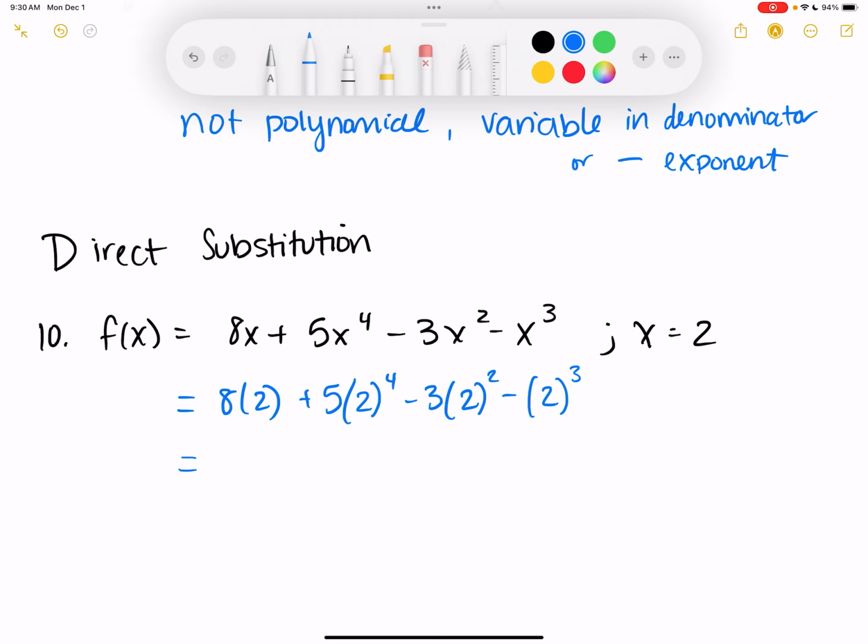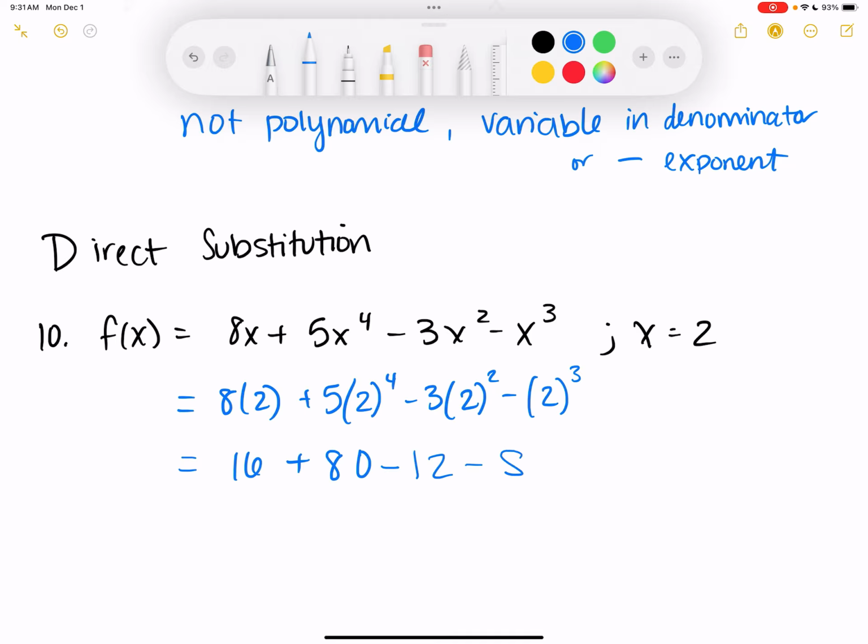I usually use parentheses when I'm substituting. Not really that big of a deal since it's a positive value, but if it was negative, I would definitely use parentheses. So 8 times 2 is 16. 2 to the fourth is 16, times 5 is 80. And then negative 12.